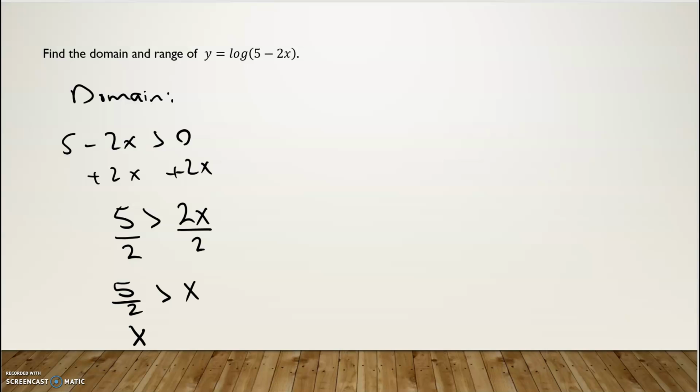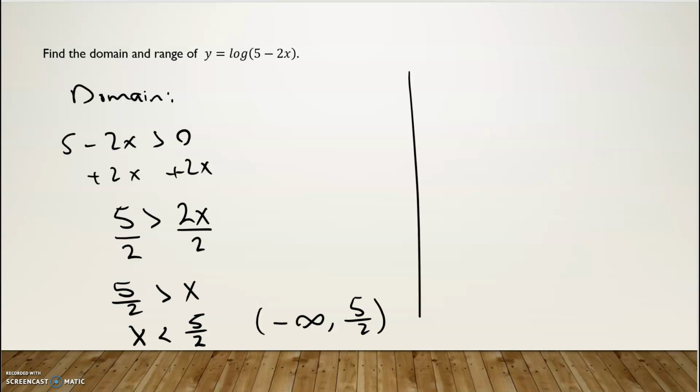So if I switch that around, x is less than 5 over 2. So that will be from negative infinity up until 5 over 2 for your domain. And again, your range is going to be negative infinity to positive infinity.